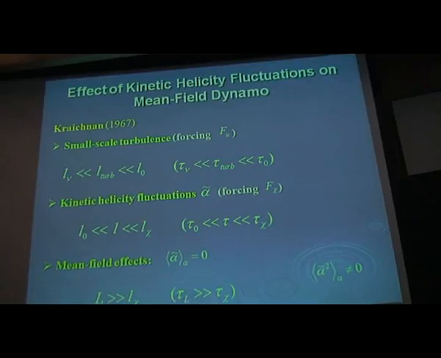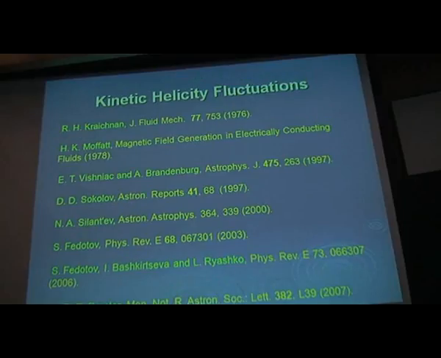In principle, this problem has been considered by a number of people. Different aspects of this problem are discussed in these papers. Our work was strongly motivated by the paper by Mike Proctor.